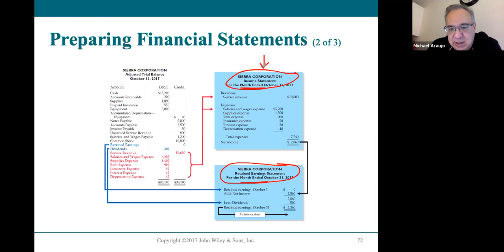And as you see, this particular company, Sierra Corporation, you saw reported for the month ending October 31st. The longest period of time companies are allowed to summarize their revenue, expenses, and net income is 1 year, because the periodicity assumption is in play. The artificial time periods can only last no longer than 1 year.